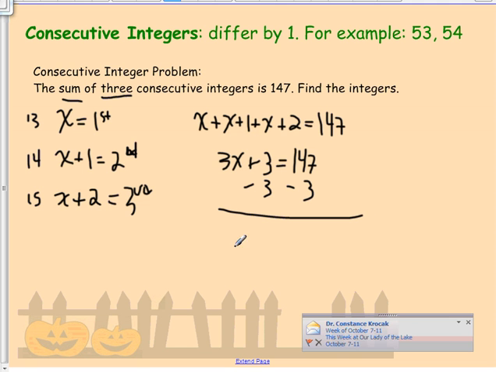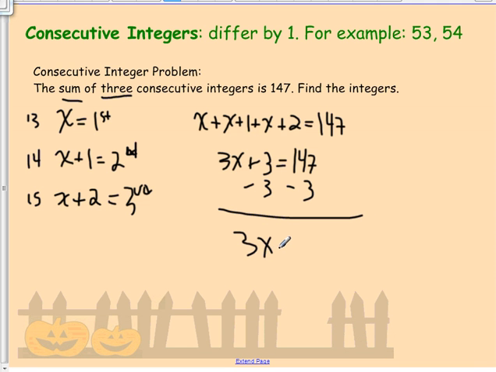And then we're going to get 3x equals 144. Divide by 3. And 144 divided by 3 is 48.